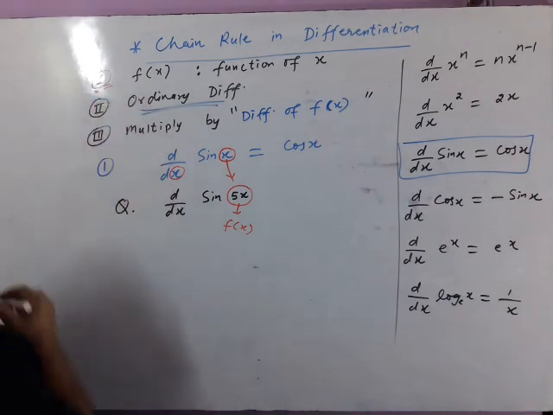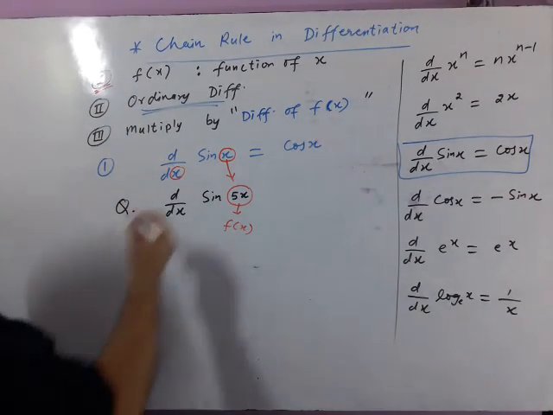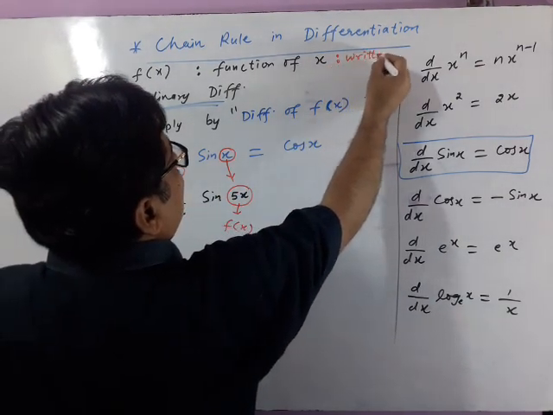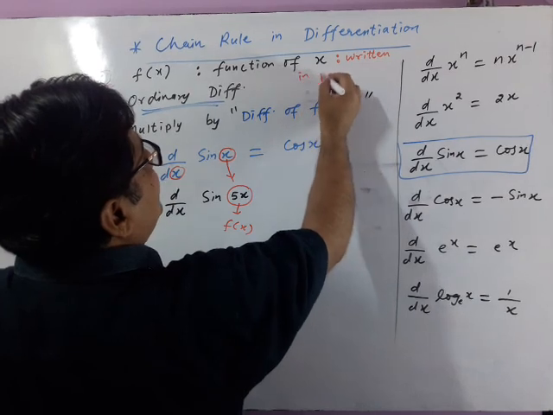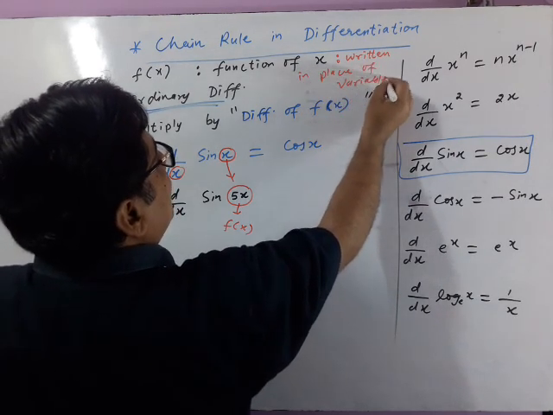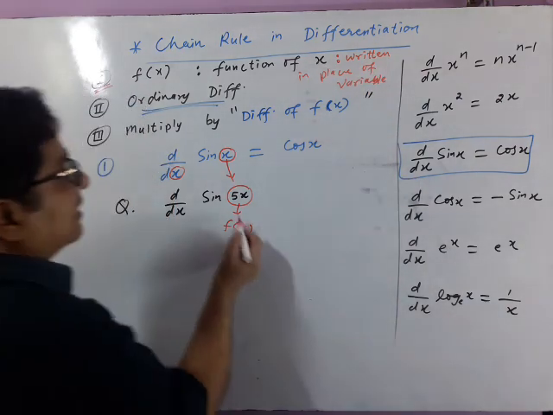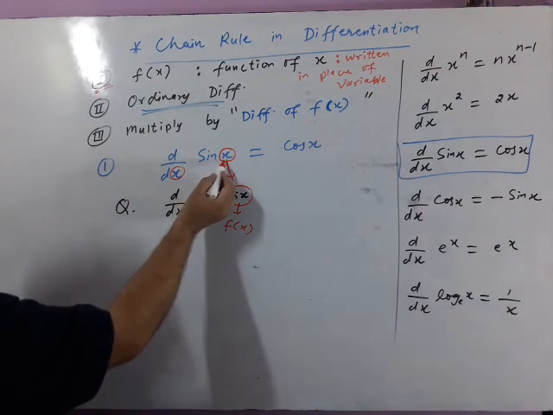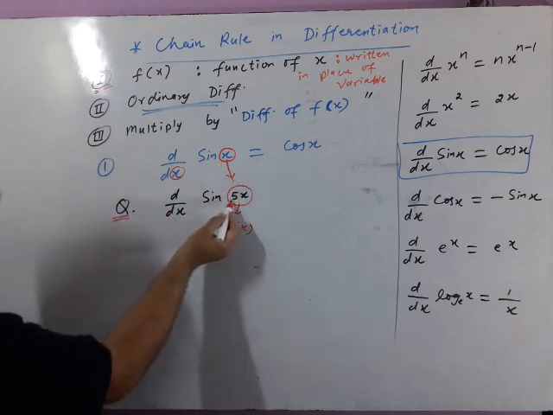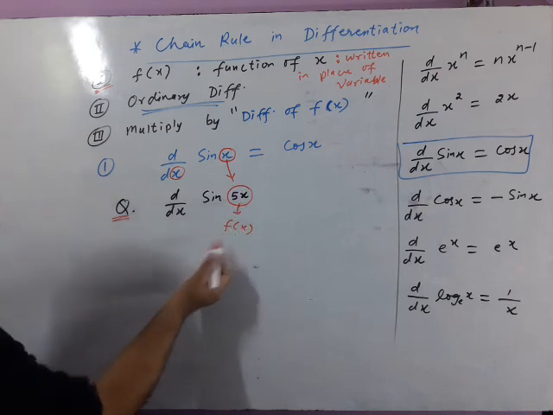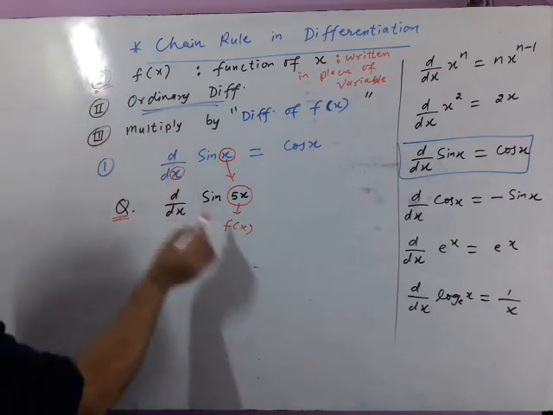Step number 1. What is the function of x? Whatever is written in place of the variable. See, x is the variable in sin x, and in place of x in the question 5x is written. So this 5x is called the function of x. This is step 1.